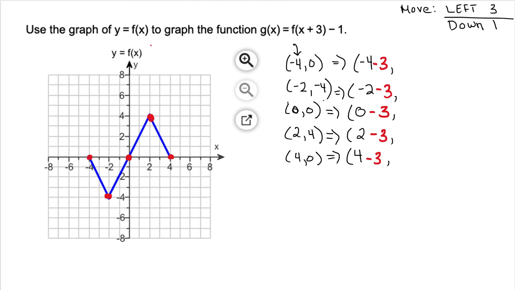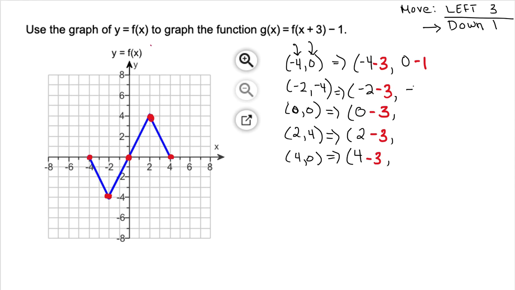Now I'm going to look at the y coordinate of each ordered pair. The y coordinate will move down 1 unit, so I'm going to subtract 1 from every y coordinate in every ordered pair. Here I had a 0, so I'll subtract 1.